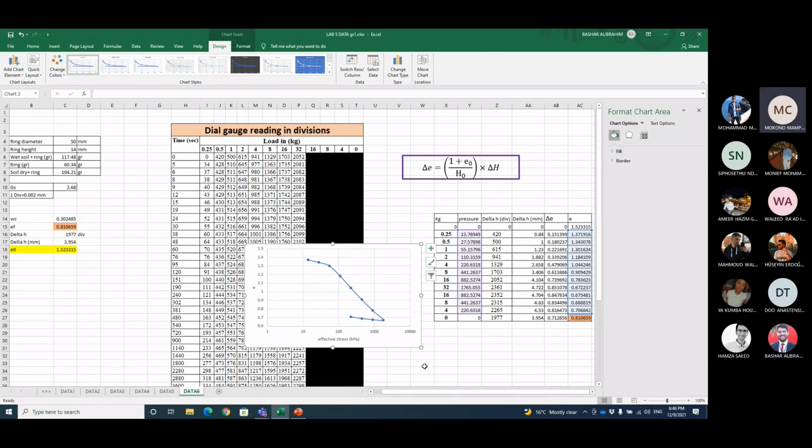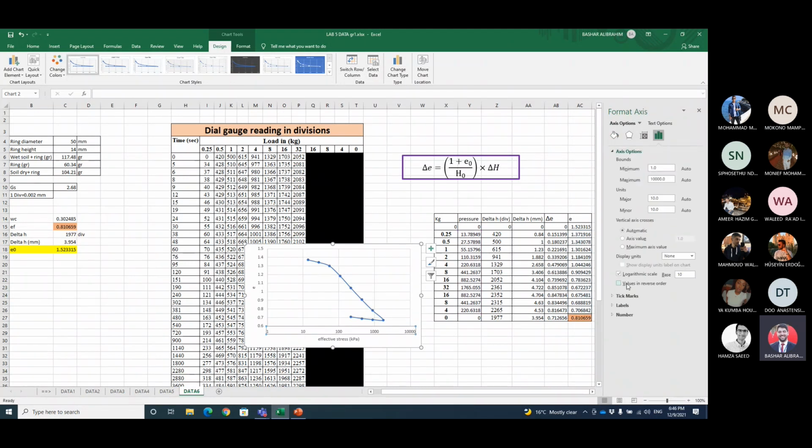Sorry. Yes, the graph should be in logarithmic. Yes, it should be in logarithmic because look, if it is not in logarithmic, it is not what you have learned. It is very different. So here in logarithmic scale, actually this data set is almost perfect.